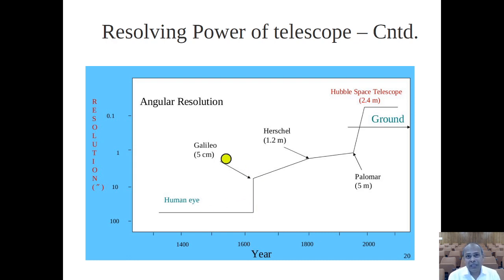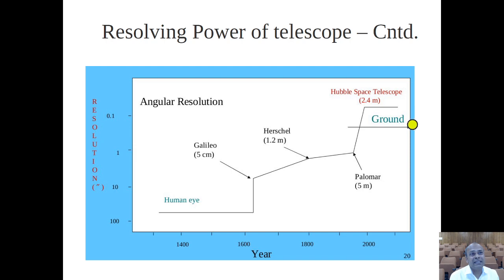But the Galileo telescope can resolve it very well, because the moment you have a 2-inch telescope, your resolving power becomes 10 arc seconds. The moment you have a bigger telescope, your resolving power increases, up to 1 arc second. The Palomar 5-meter telescope has close to 1 arc second resolving power. Then this is the typical limit of a ground-based facility, 0.3 to 0.5 arc second.